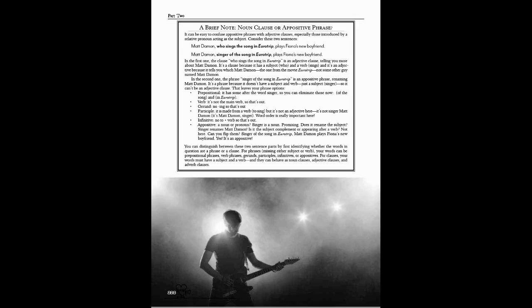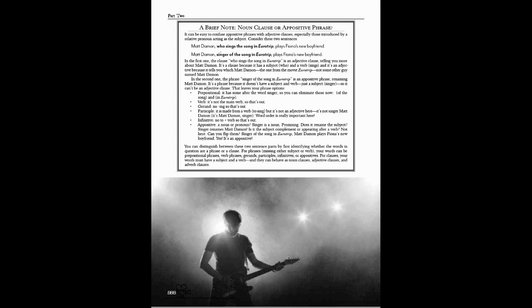And a brief note while we're here: is it a noun clause or is it an appositive? It can be really easy. Appositives are phrases. They will not have a subject and a verb. Noun clauses, right, have a subject and verb. And that's the difference here. Appositives will always be phrases. Clauses will always have a subject and a verb.